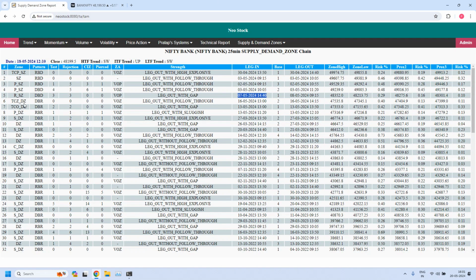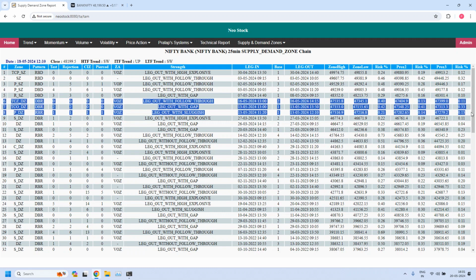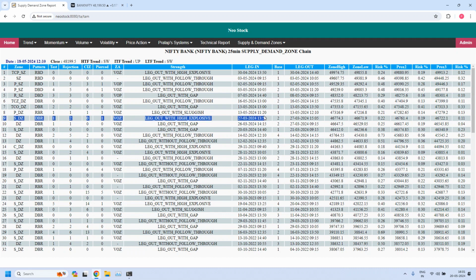Then any demand zones? We have low priority demand zones. You please draw them on your charts. You take the 6th one and 7th one. Low priority zones I am not drawing. Next, the 9th one is there. 27 March 1350, 2 base candles.